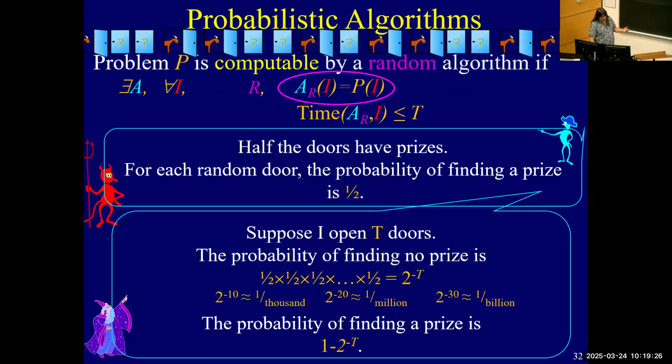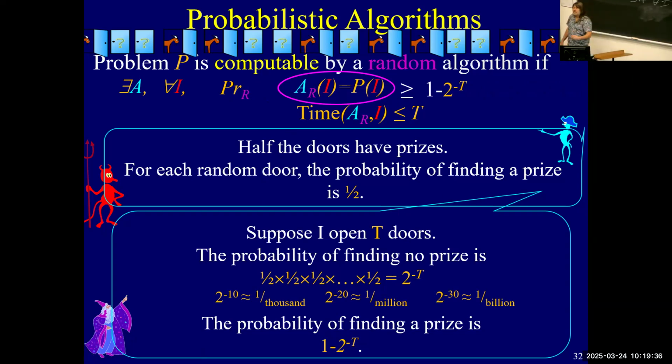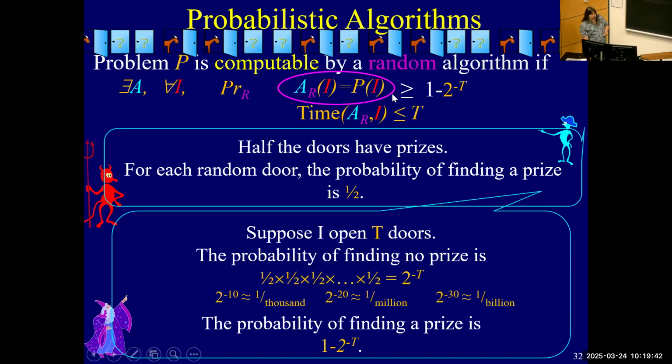I guess I don't write it here, but here we always have the right time. So the one definition is that the running time of your algorithm is bounded by some fixed amount, and we want to know what's the probability of getting the wrong answer or the right answer.